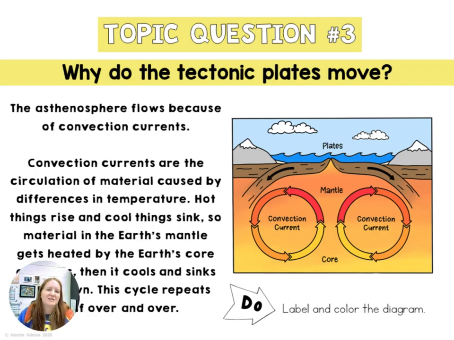Remember, the core is super, super hot, whereas the surface of the Earth is not. Because of that difference in temperature, the superheated magma rises. As it gets to the surface, it cools off and sinks back down, and it causes this circular motion known as a convection current.